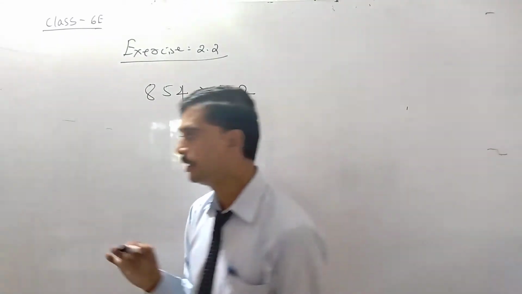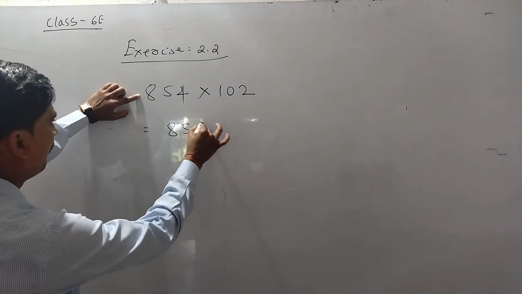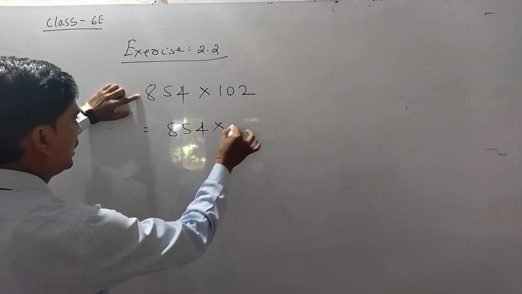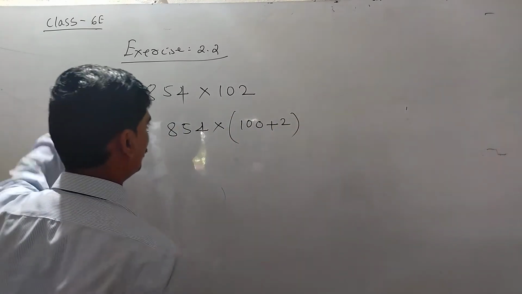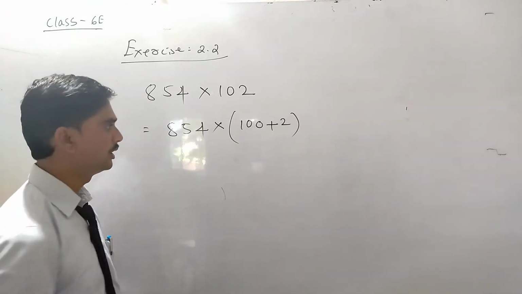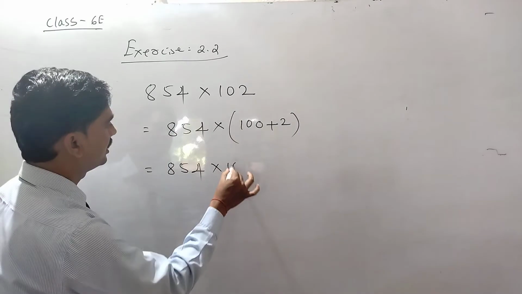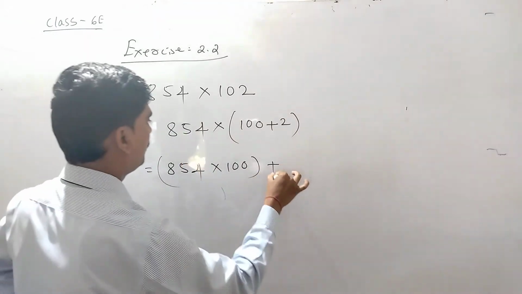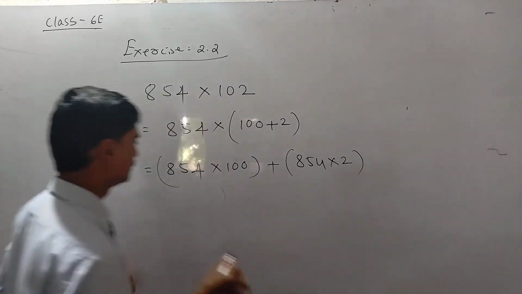You have to use the distributive property. Look here, 854 multiplication bracket 100 plus 2. Then you have to do it here, 854 multiplication 100 plus 854 multiplication 2.